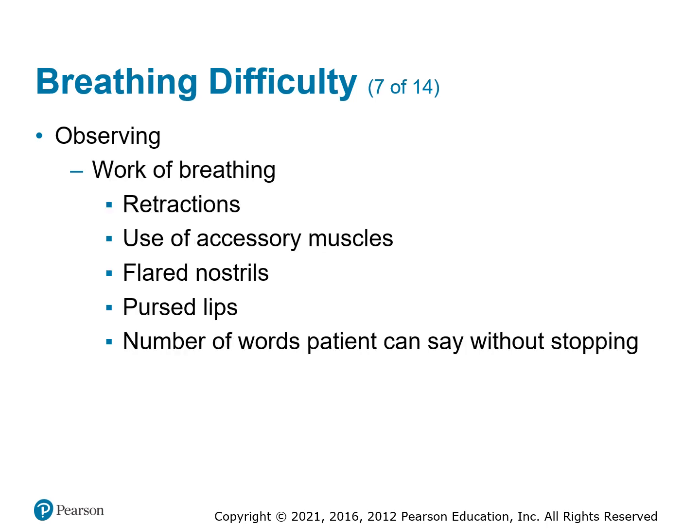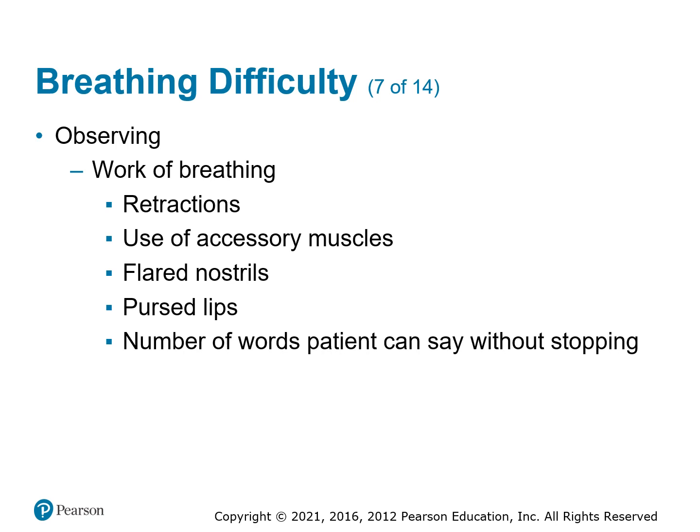We also need to talk about the work of breathing. So how hard is it actually for them to breathe? Are they working hard to get a breath in? This is when we're going to notice those retractions. We're going to notice the use of accessory muscles, those upper chest muscles, the abdominal muscles. These are not muscles we normally use to breathe.